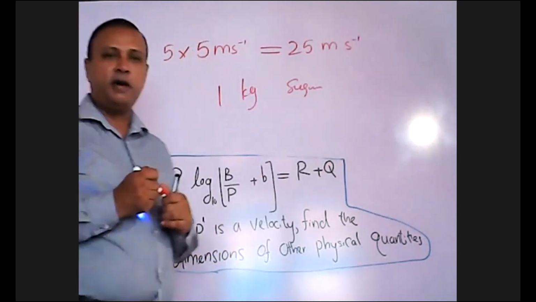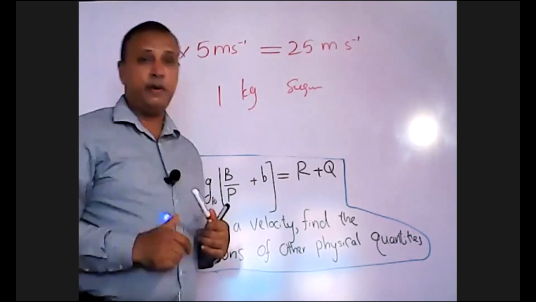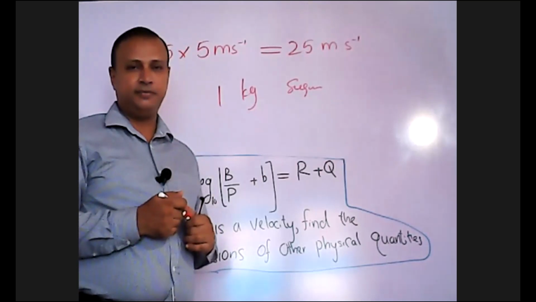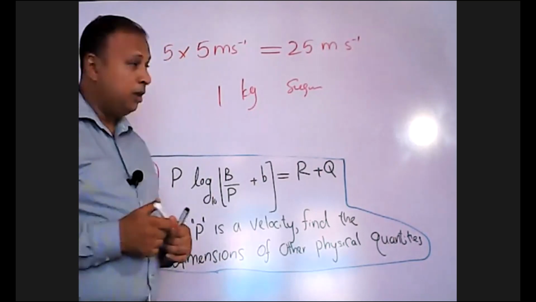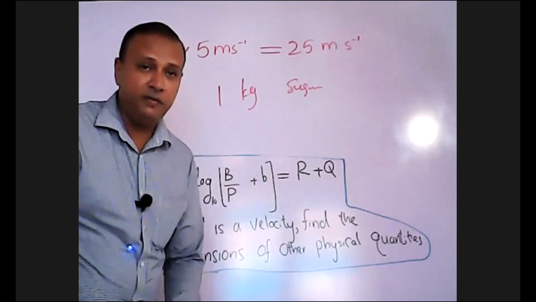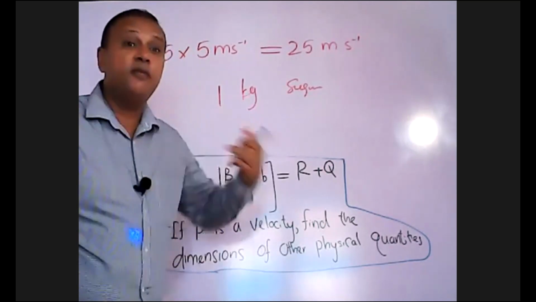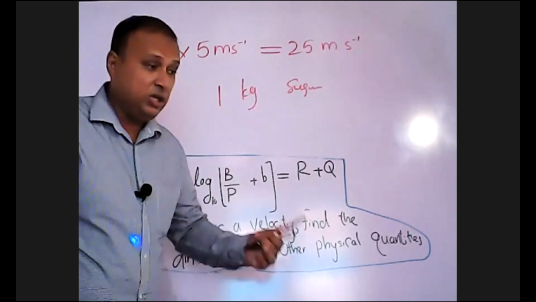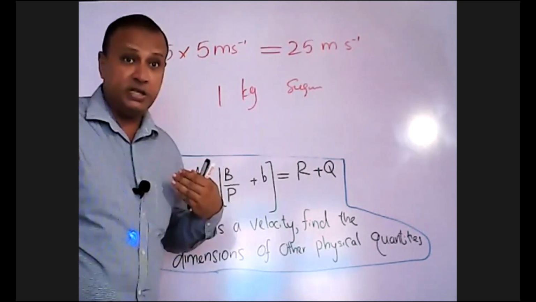And your mom called you and asked to bring 5 more sugar packets. Then definitely your quantity will be multiplied by 5. Initially you planned to bring 1 kg.